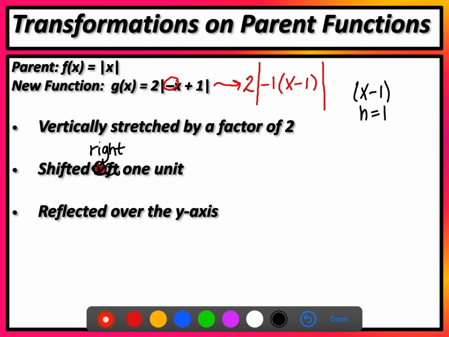So a positive h is moving this to the right 1 unit. This negative here is what's going to reflect, and it's reflecting it over the y-axis.